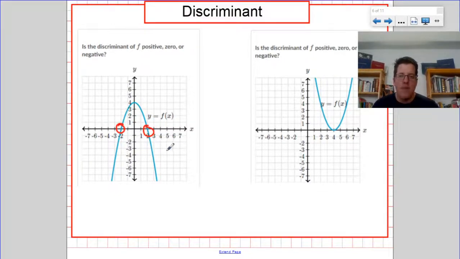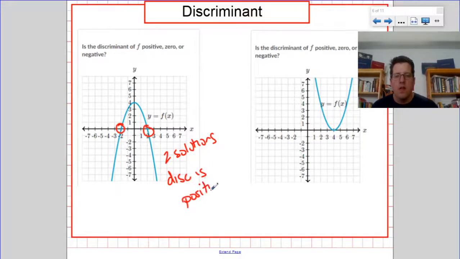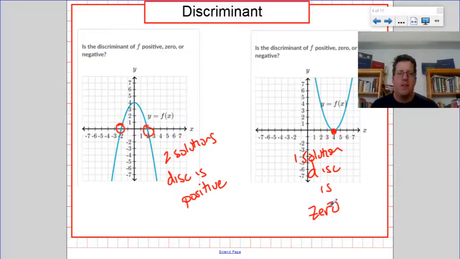So if I see a graph that has 2 x-intercepts, I can say, oh, 2 solutions, that means the discriminant is positive. When I look at this graph on the right, I see, hey, it's only got the 1 solution. So if it has 1 solution, the discriminant must be negative. No, that's not true. It has to be 0. What am I saying? Ha!